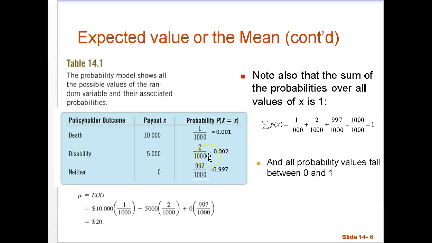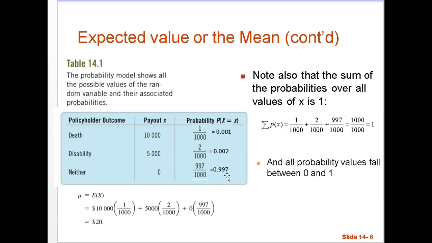Their information shows them that they can expect 2 in every 1,000 people may result in a disability. That gives us our probability 0.002. And on the other hand, out of 1,000 people, you expect 997 of them will have neither a death nor a disability, and that gets us our probability of 0.997.